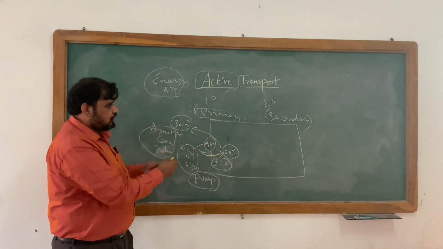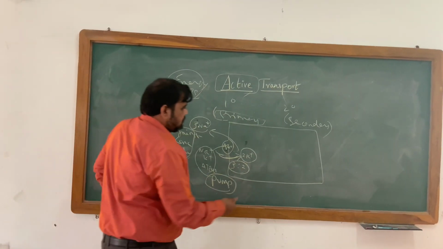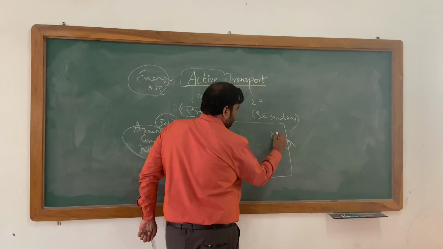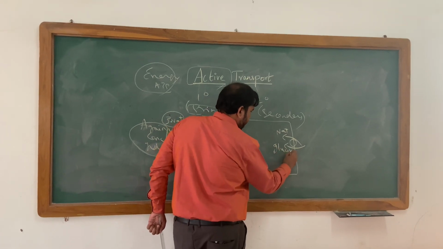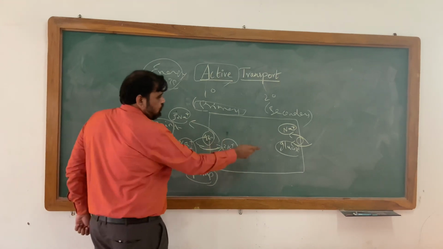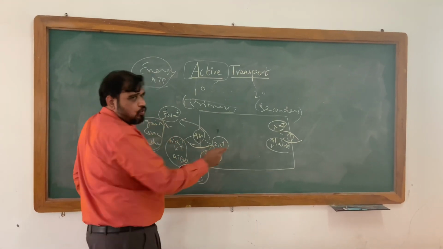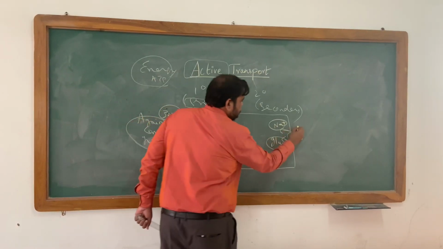Now coming to secondary active transport. Now just draw the sodium glucose co-transport. Both are coming in the same direction. This is called sodium glucose co-transport, an example of secondary active transport.